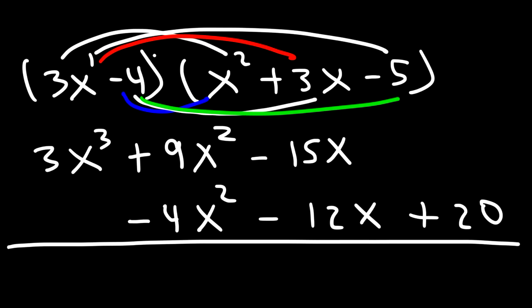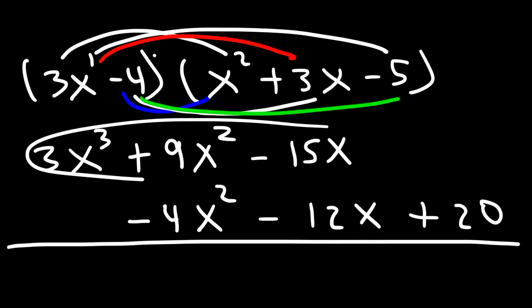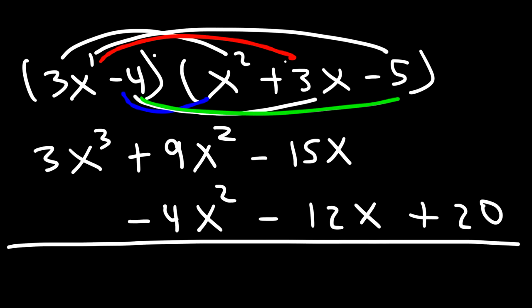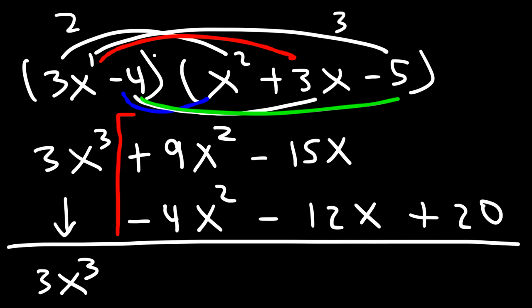So notice that I have a total of 6 terms. 3 and 3 gives me 6. So anytime you multiply a binomial by a trinomial, you're going to get 6 terms initially. 2 times 3 is 6. Now here, we can bring down the 3x cubed. Next, we can add these two.